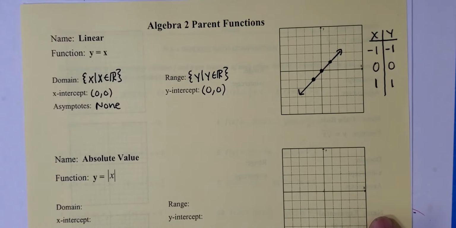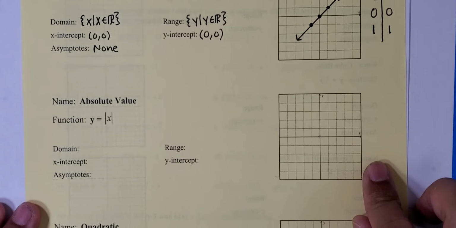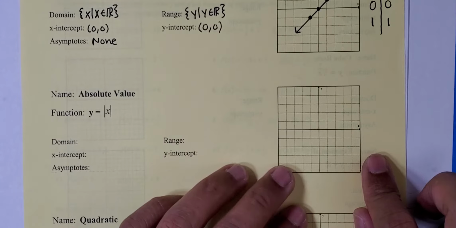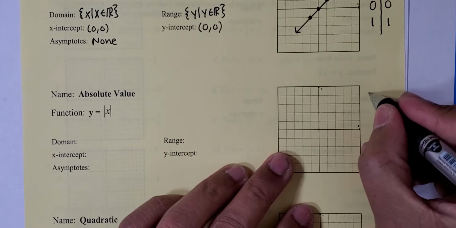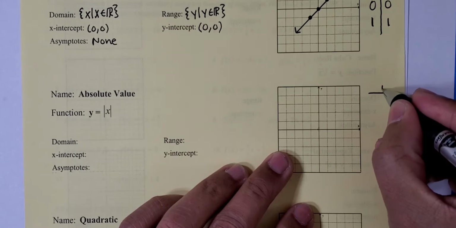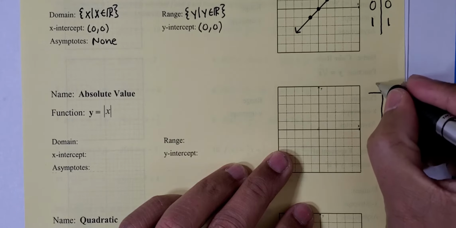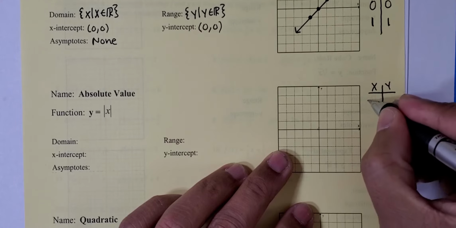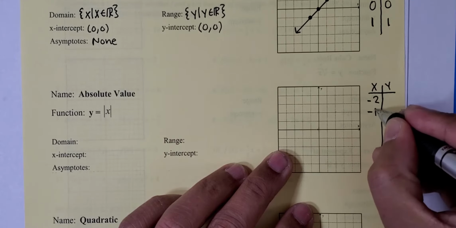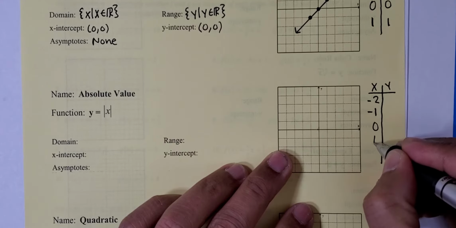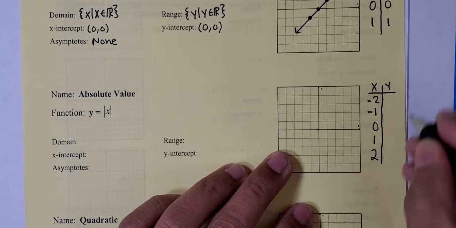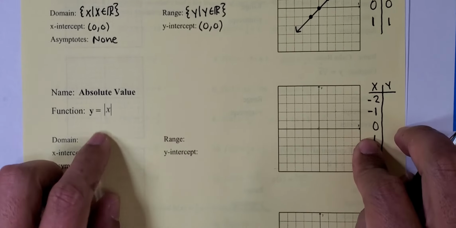Now on the next one, this is the absolute value function. So for the absolute value, I'm going to use 5 values, and then you'll see why once I start sketching the graph. So x values, y values, I'm going to use -2, -1, 0, 1, and 2. And think of it this way.